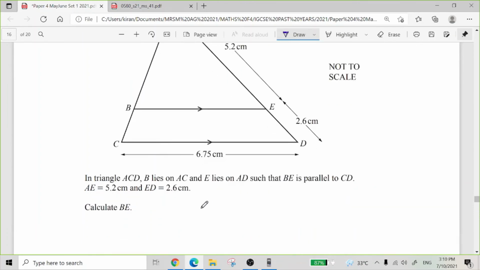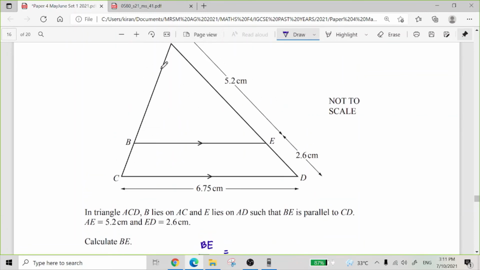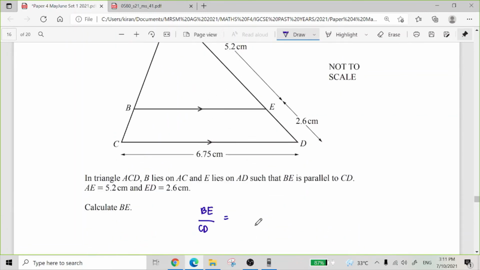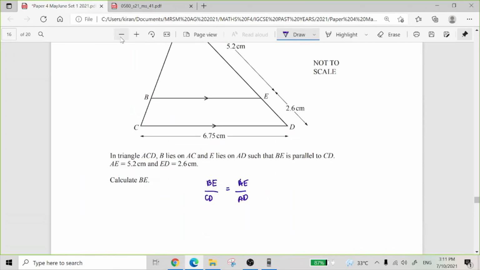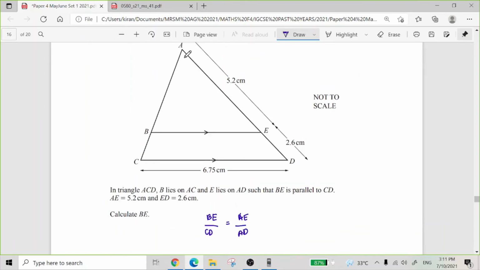Okay, so we know that BE over CD is equal to the length of side AE over AD.